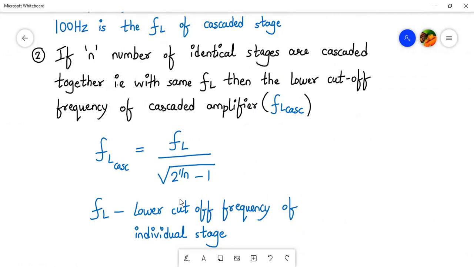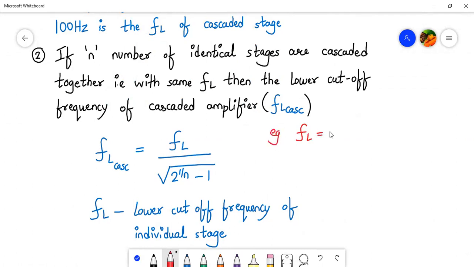So let's say we have a lower cutoff frequency of 100 hertz, and the number of stages is 3, so n will be 3, right? We want to find the lower cutoff frequency of the cascaded stage, with three stages connected in cascade.